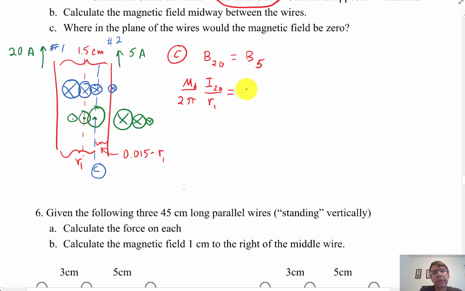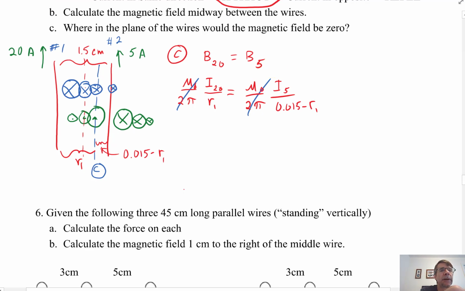Okay, equals mu 0 over 2 pi, I5 over the distance. Once again, I could call it R2 if I want to, but we need to get rid of it anyway, and I don't want an extra variable there, so it's 0.015 minus R1. Now, if you look at this, it might look difficult to solve, but it's not, because the mu 0 over 2 pi terms cancel, and it makes it really simple.